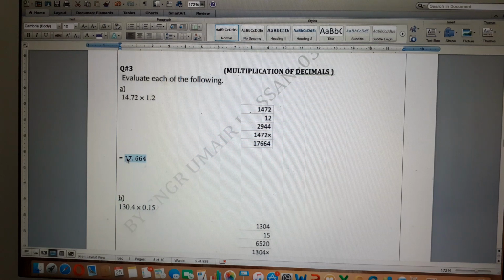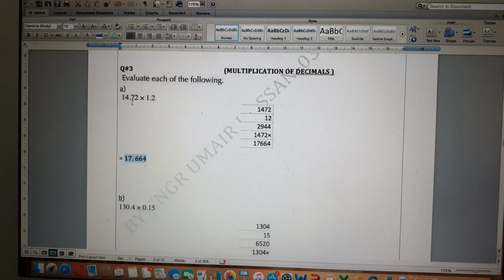Now what process have I followed over here? I have counted how many digits were there after the decimal point in my question. Here I have one digit, that is 2, after the decimal point, and I have 2 digits here after the decimal point.